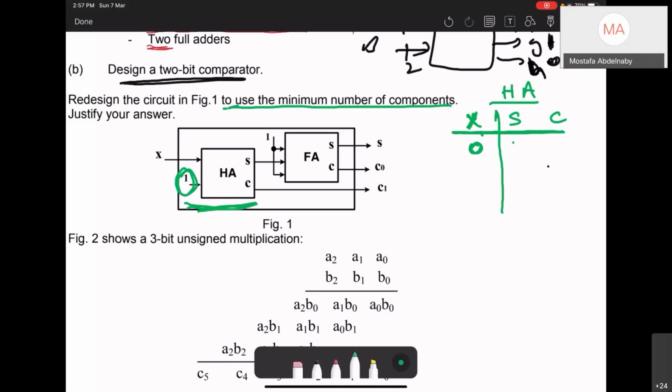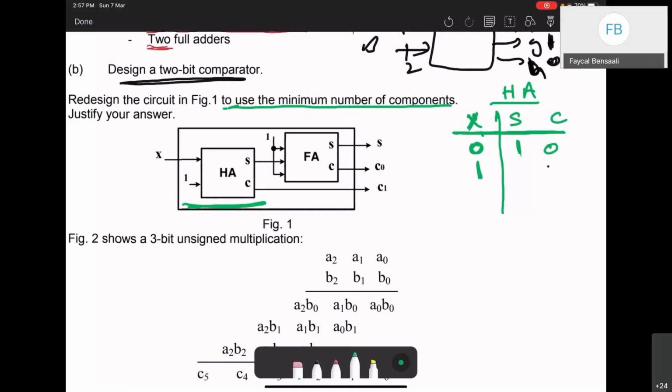X is 0, S is what? 1, because it's being added to 1, right? Yes, it's 1 because we are adding 1 here, because this is a constant. If X is 0, in this half adder, S will be 1 because I will be adding 1, and C is 0.